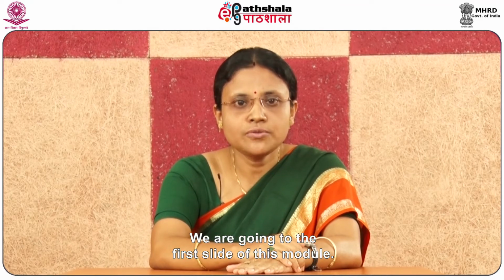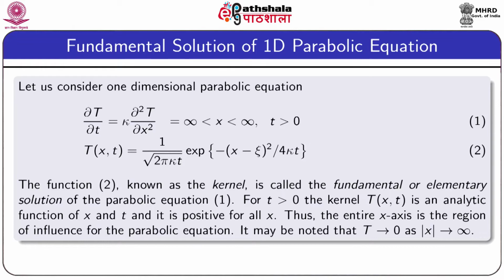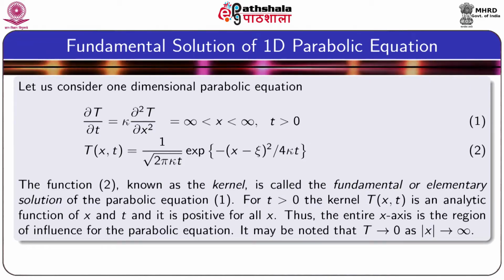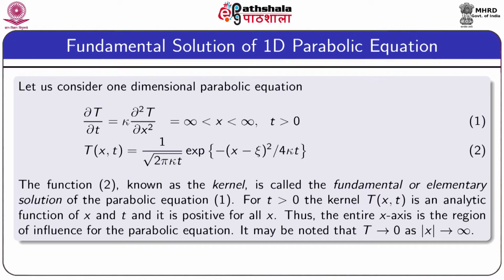Now we are going to start the first slide of this module. We are considering one dimensional heat equation which is written as del T by del t equals kappa del 2 T by del x square, where x varies from minus infinity to plus infinity and t is time greater than 0.